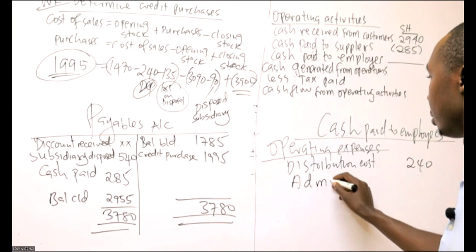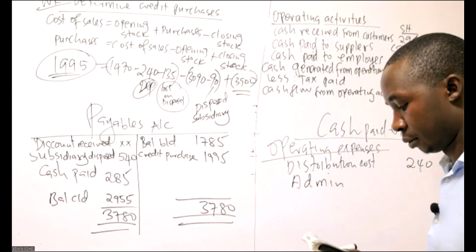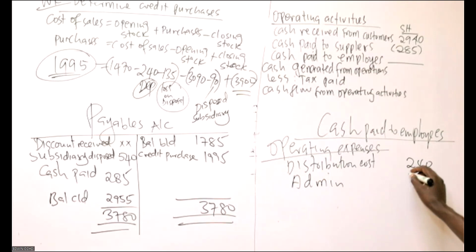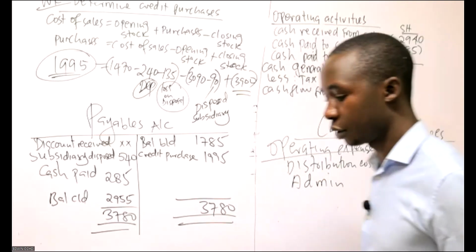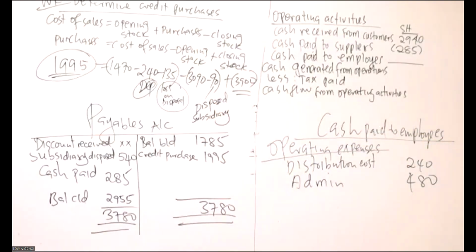Admin is 480. So the total of the two, before I do any adjustment, is 720.